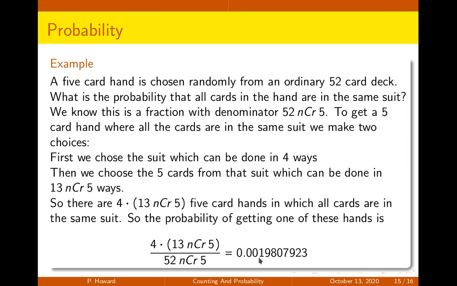So this is approximately 2 1,000ths. So out of every 1,000 hands, you would get a hand consisting of all 5 cards in the same suit approximately 2 times.